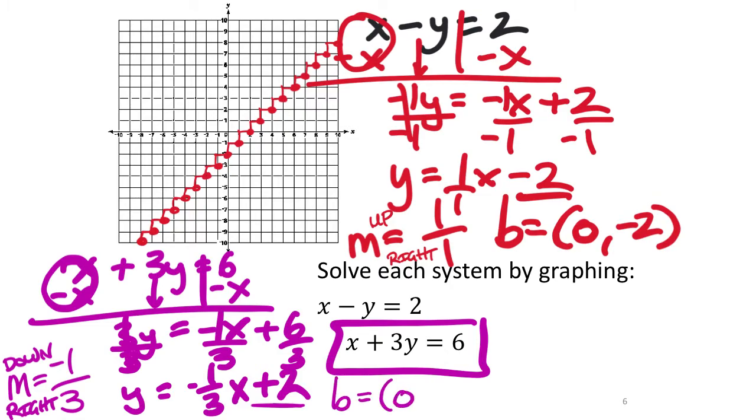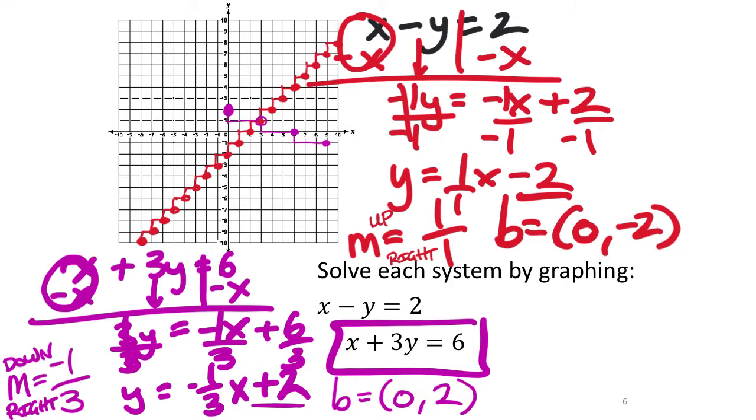Again, that's an ordered pair at 0, 2. So I'm going to start with the y-intercept on the graph at 0, 2, right here. And then I'm going to use the slope to find all the other points. So that would be down 1 to the right 3, which is this next point. Down 1 to the right 3. Down 1 to the right 3.